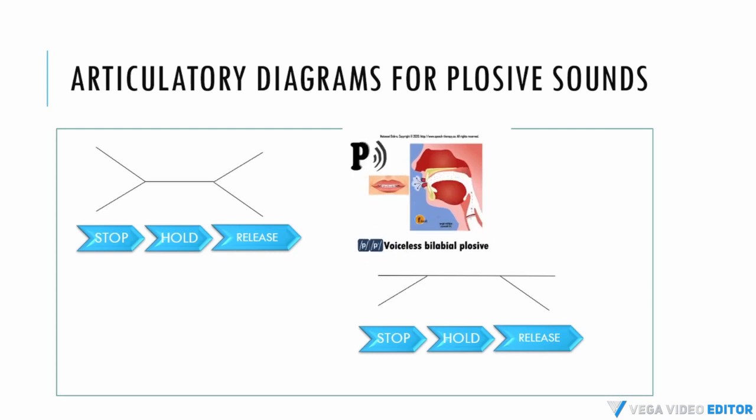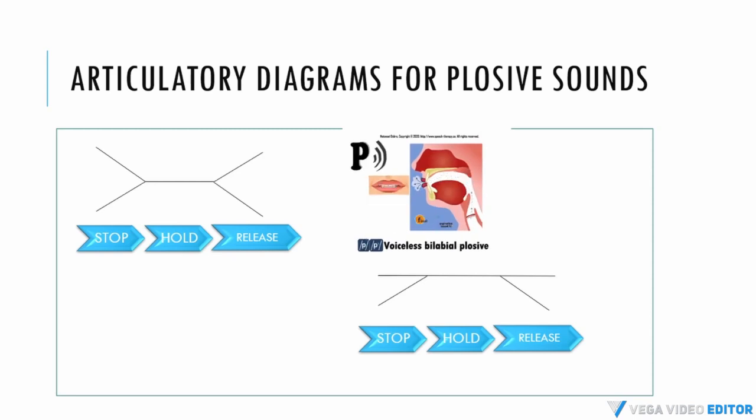Many phoneticians use these diagrams, showing, for example, the stop, hold, and release phases, and how this is represented as a diagram. But you can also see now a GIF image with an animation of the sounds as they're being produced, and you can notice how the air is compressed, released, and held.